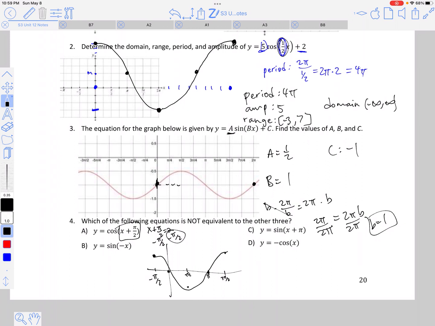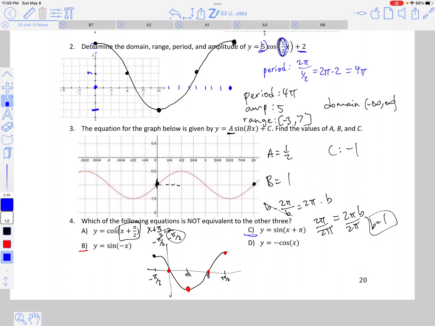Okay, so that's what A will look like. Let's do B, which is negative sine. So normally starts at 0, but if you make 0 negative, it's 0. At pi halves, it's normally at 1, but if you make 1 negative, it'll go there. And then 0 is at pi, but 0 made negative is 0. So we can see that A and B are going to be the same thing from those points, right?